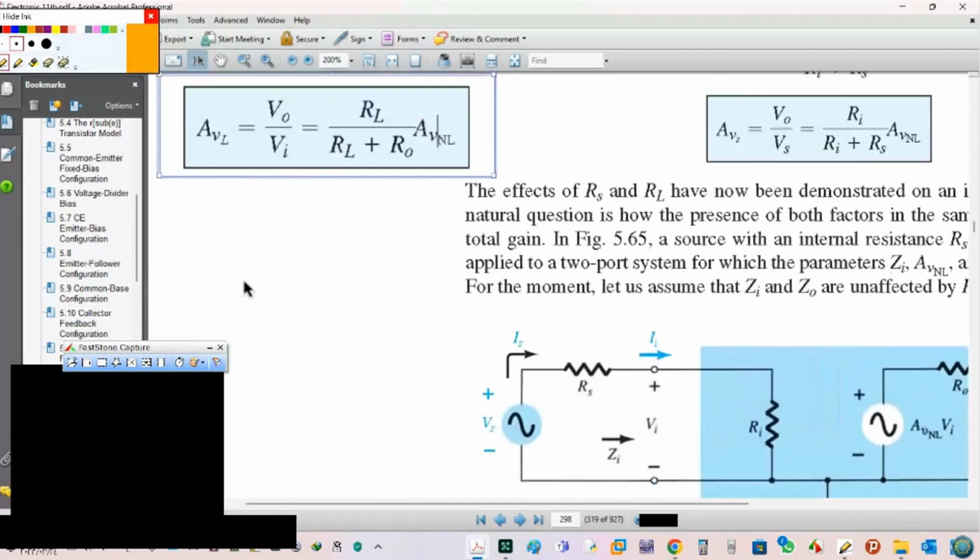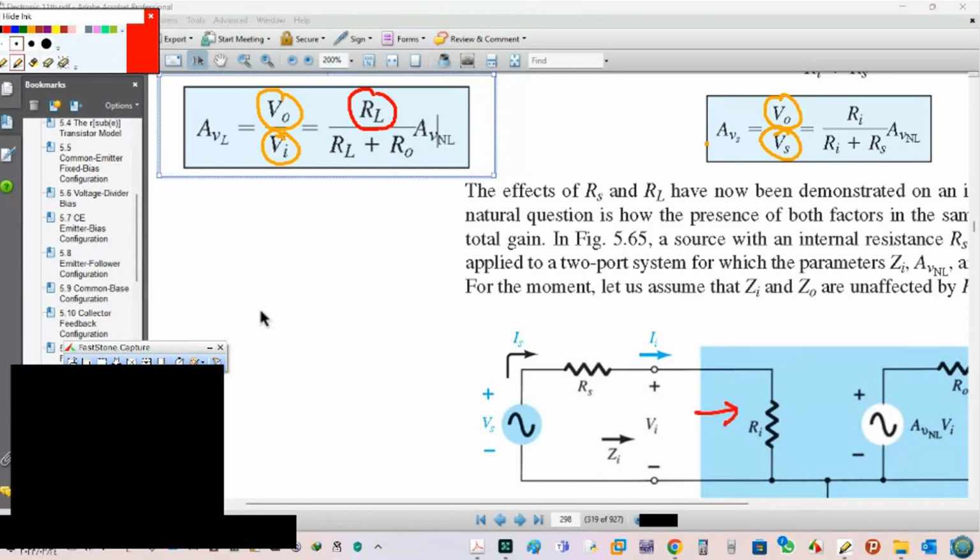and compare the difference between AV load and AVS. AV load is VO over VI. AVS is VO over VS. AV load is RL over, this is RI.